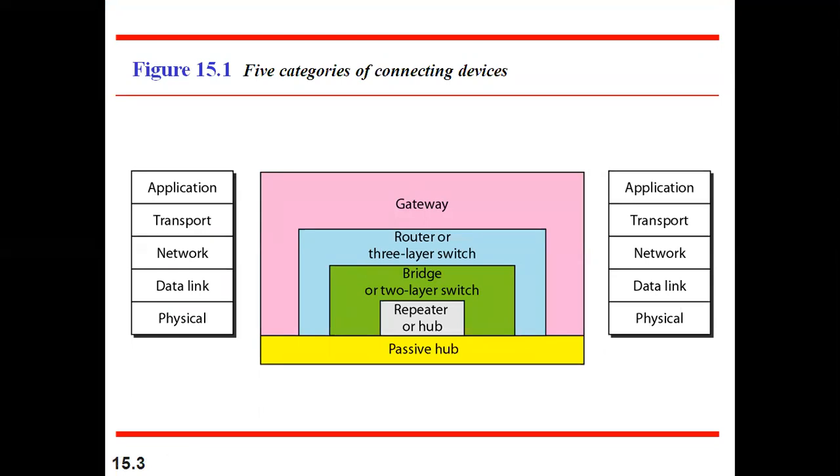Now what is a passive hub? A passive hub is nothing but just a connector, or all the links used for your PC connections connecting together is nothing but your passive hub, which is just a connector. That is why the passive hub has no layer in it.